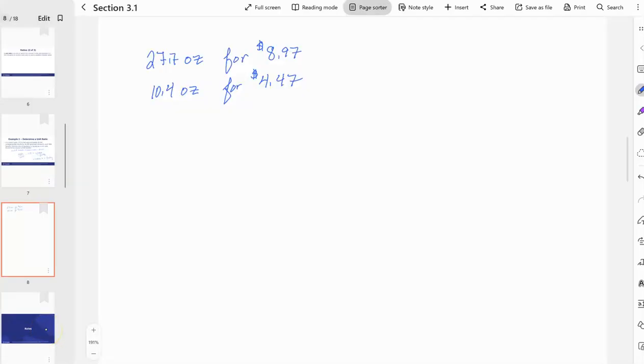So let's look at another example. Let's say we are in the grocery store and we are looking at shampoo prices. And I actually just pulled this off of Walmart's website. They have a 27.7 ounce for $8.97, and they have a 10.4 ounce for $4.47. And we're asking which one's the best buy.